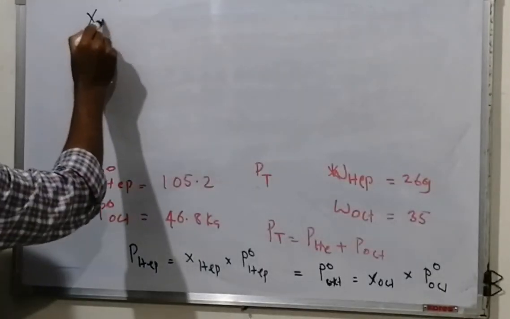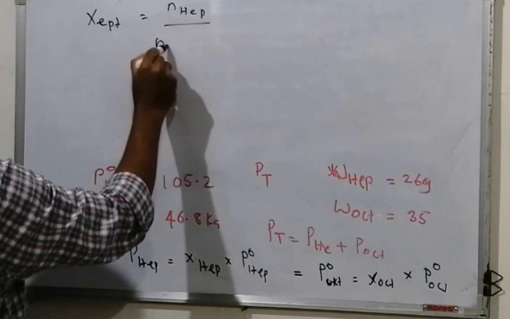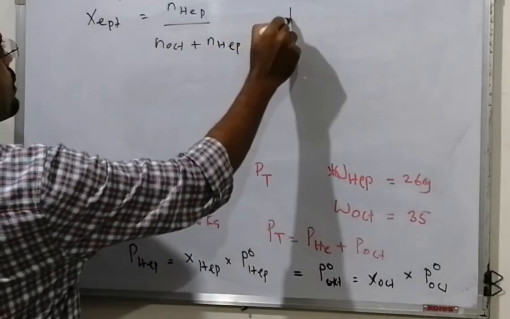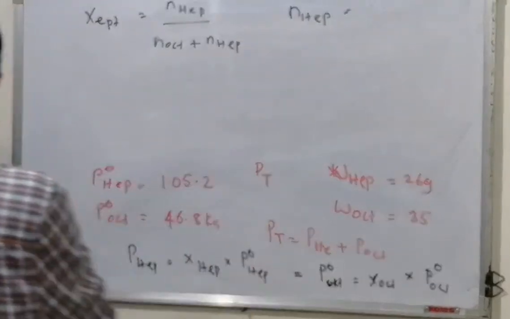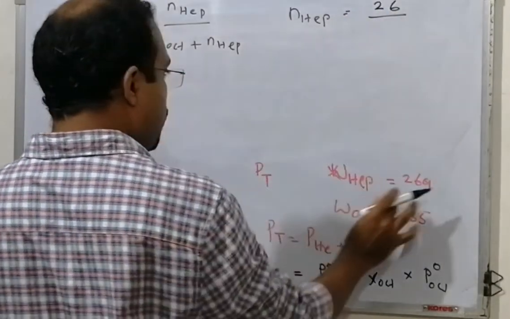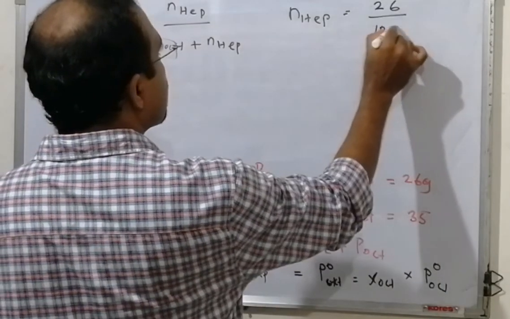Mole fraction of heptane is equal to number of moles of heptane divided by number of moles of heptane plus number of moles of octane. First we calculate the number of moles of heptane: 26 gram mass divided by molar mass 100.